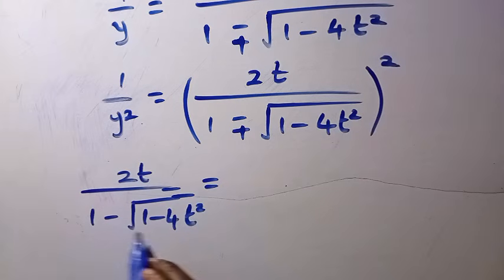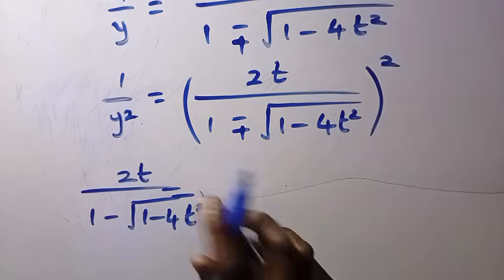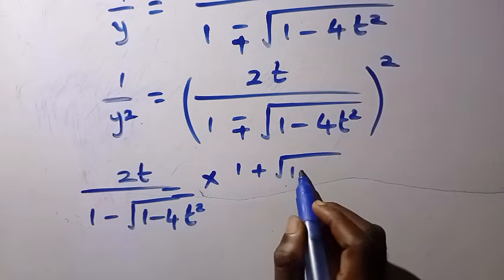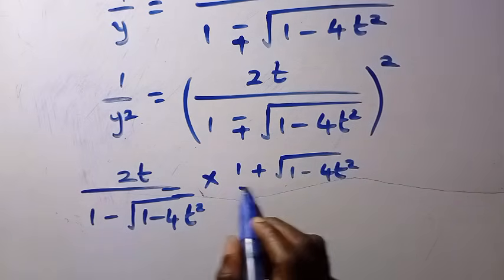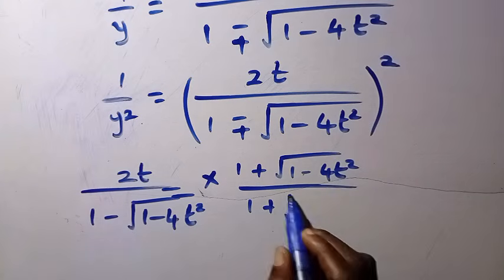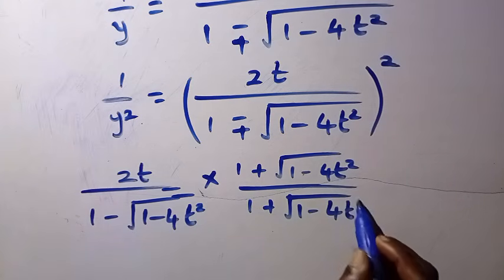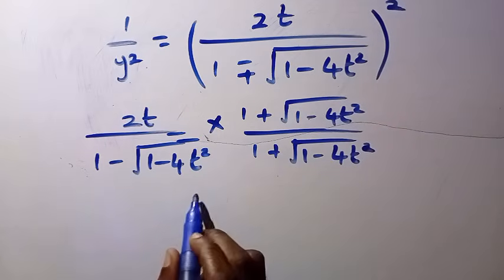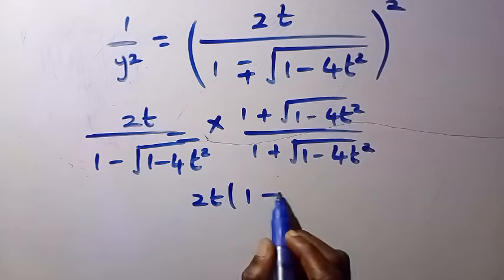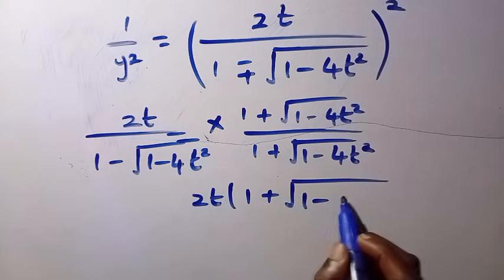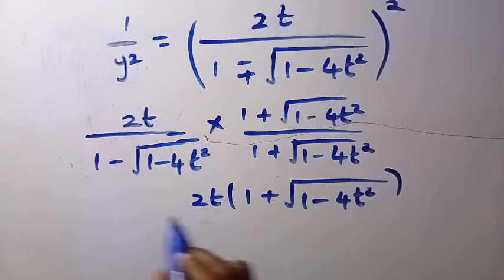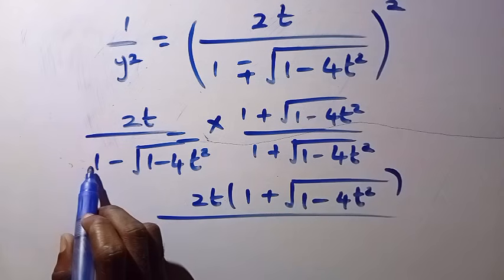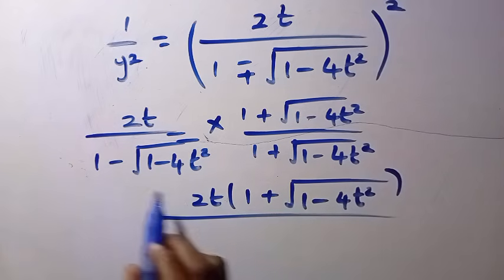So this equals, let me just say I multiply by 1 plus the square root of 1 minus 4t squared divided by 1 plus square root of 1 minus 4t squared. So the above gives us 2t bracket 1 plus square root of 1 minus 4t squared divided by, these are the same, the only difference is positive and negative, so this is just like difference of two squares.